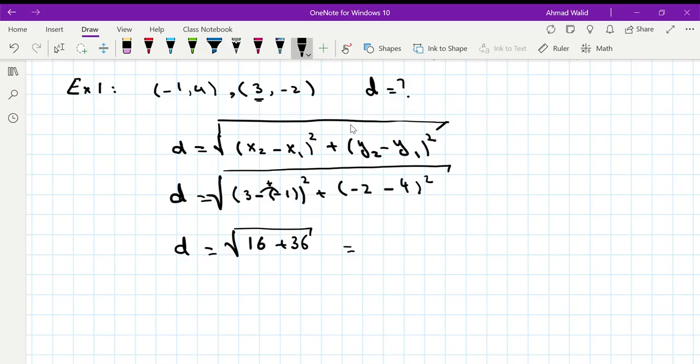And now, from here, D equals the square root of 52. Am I right? 16 plus 36 is 52. That's it. That's the distance between those 2 points, correct? If they give you 2 points on the line, just plug in this formula, you have the distance.